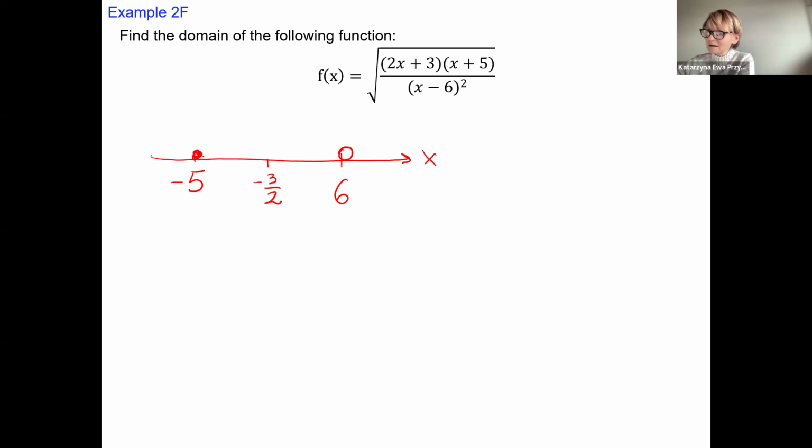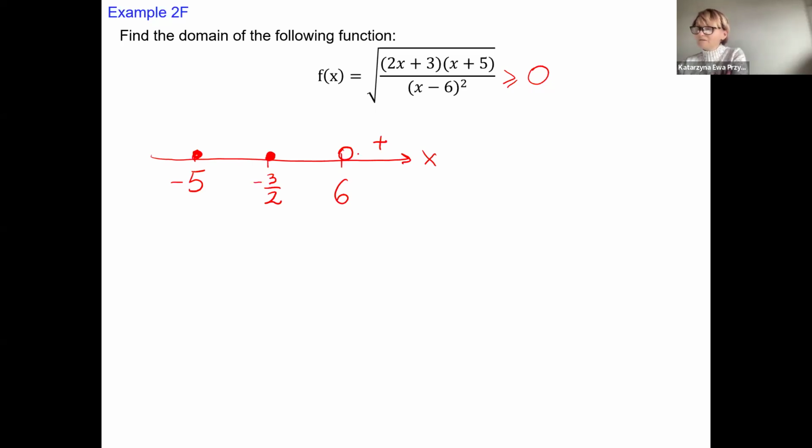But we may accept -5 and we may accept -3/2. Now you have 1, 2, 3, 4 intervals. You take a test value, any number from that interval, substitute and check if the quantity is positive or negative. For instance, this one will be positive, and so on, because we want this expression to be greater than or equal to 0.